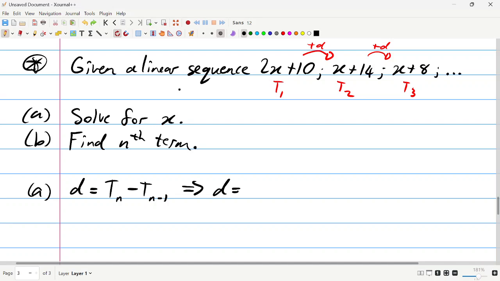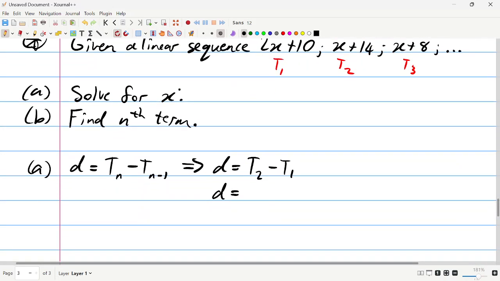We plug in n equals 2, then we have t2 minus t1, which in this case the difference is just going to be equal to x plus 14 minus 2x plus 10.